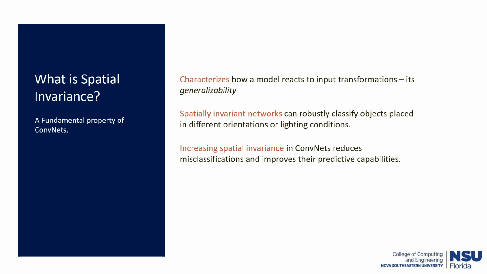Any object that is placed in front of a ConvNet, and the ConvNet can accurately determine what it is, especially in novel situations, that ConvNet is said to have the property of spatial invariance. And so increasing the spatial invariance of a ConvNet reduces misclassifications and improves the predictive capability of that ConvNet.